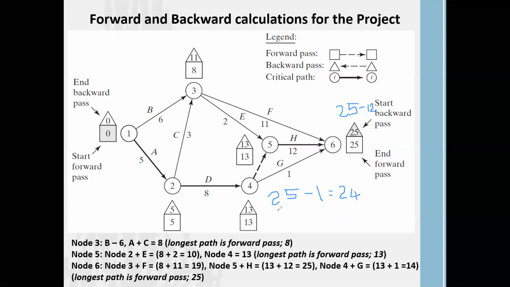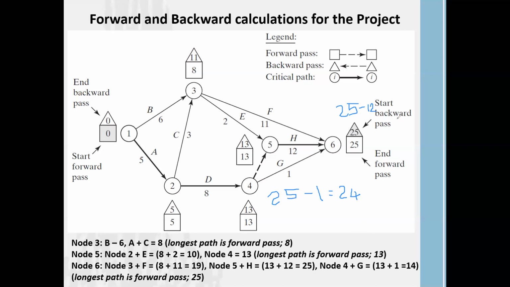So it should be 24 for the triangle that indicates the backward pass value. But you can see that for task 4 the backward pass is 13. Why? 25 minus 1 is 24 and 25 minus 12 is 13.